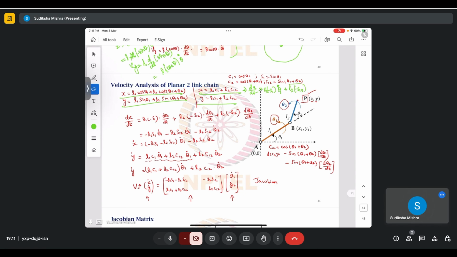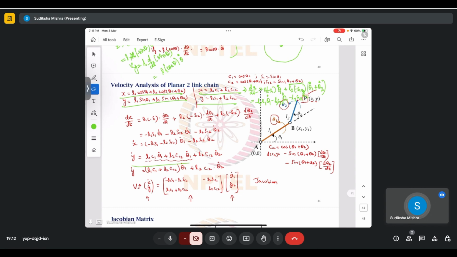Because it's theta 1 plus theta 2, you need to take differential of both these terms, theta 1 dot plus theta 2 dot. So this essentially becomes minus L1 S1 theta 1 dot minus L2 S12 theta 1 dot minus L2 S12 theta 2 dot.